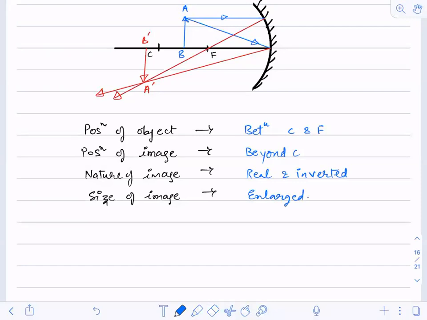Are points A, B and A dash B dash at the same distance from C? No, no, it's not like that. What is the distance? We will use the mirror formula to calculate all those things.